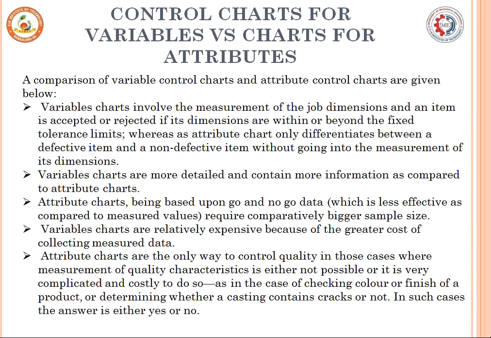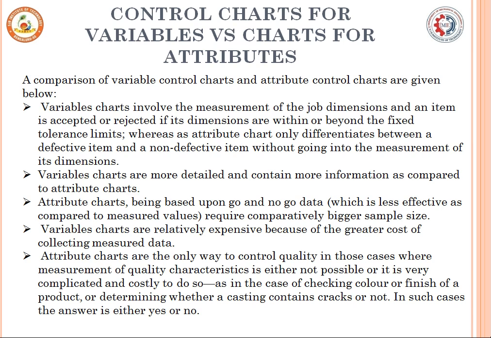Control charts for variables involve measurement of job dimensions. An item is accepted or rejected if its dimensions are within or beyond the fixed tolerance limits. Variable charts contain more detailed information compared to attribute charts.